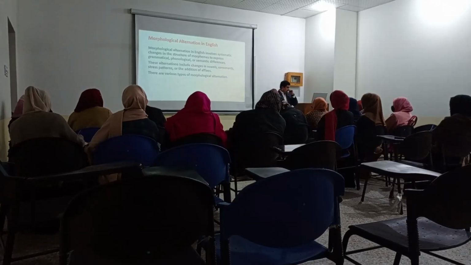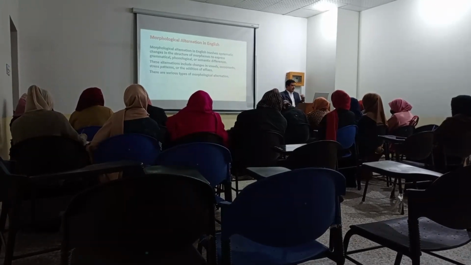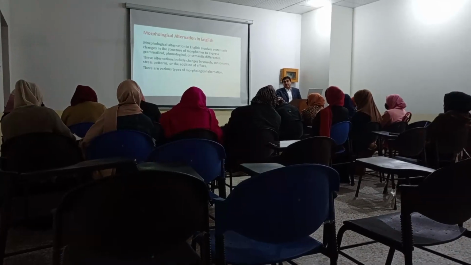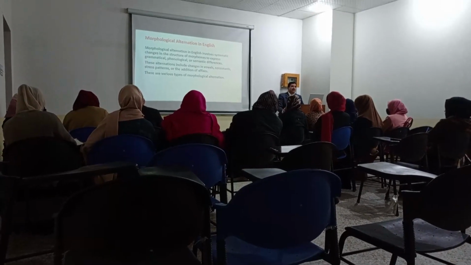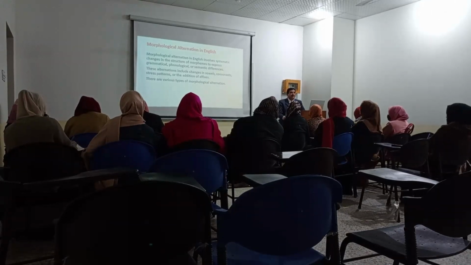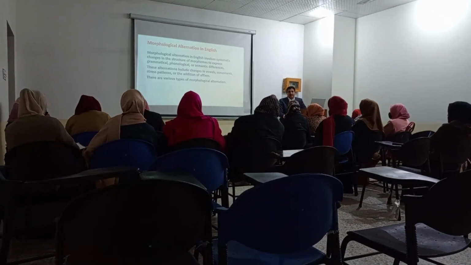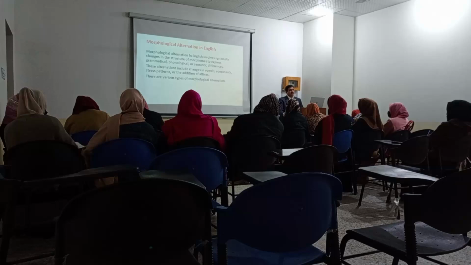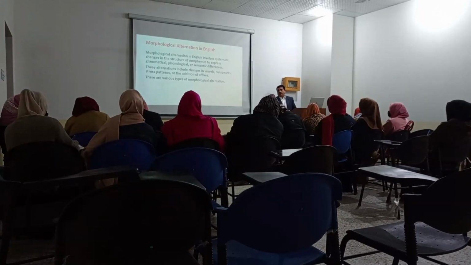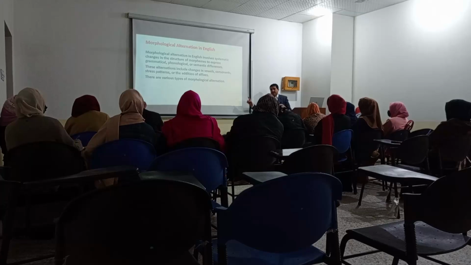Now, morphological alternation in English involves systematic changes. Now, keep in mind systematic changes. By systematic changes, we mean changes which are based on some rules. Otherwise, if it were not systematic, if it were not based on rules, it would have been called alteration.